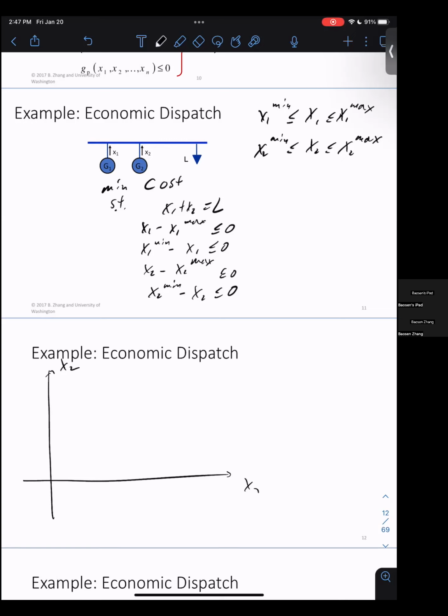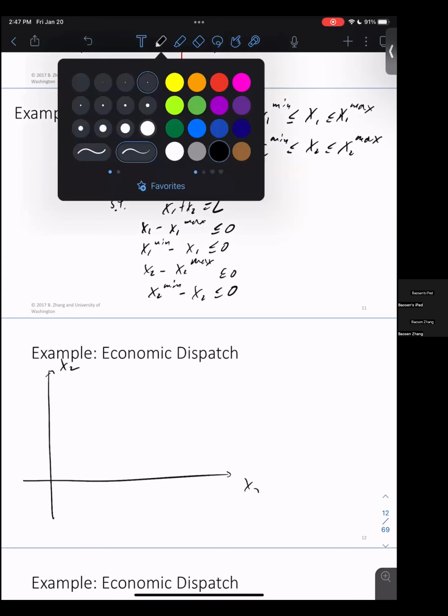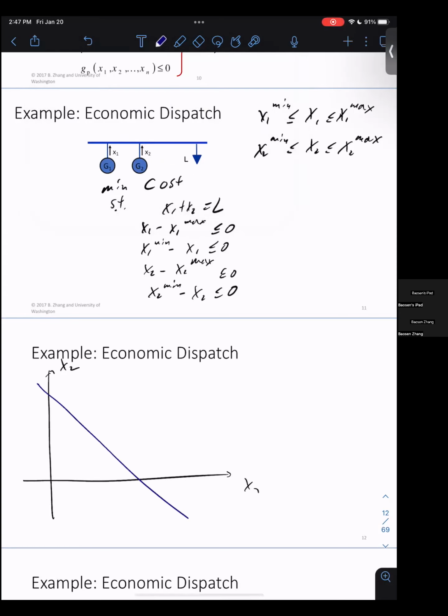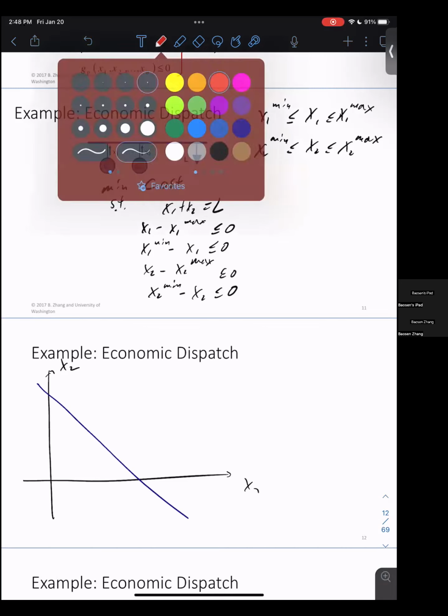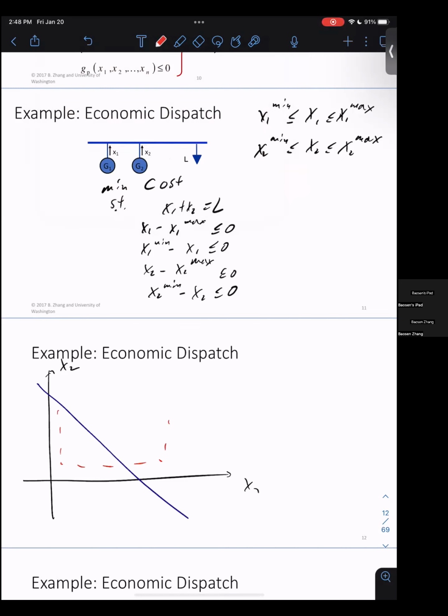Basically, the linear constraint goes something like this. You must lie on this line. This is x1 plus x2 equal to L. Then the rest is just described by a box. In addition to living on this line, you have to live in this box. So your box looks something like this.